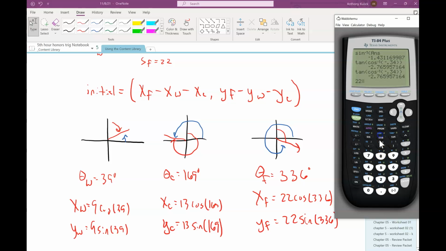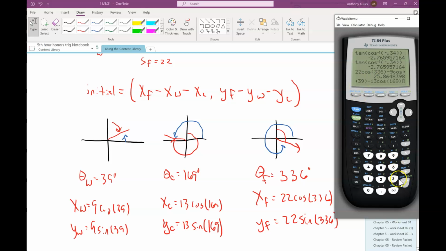So 22 cosine 336 minus 9 cosine 39 minus 13 cosine 169. Got to make sure we're in degree mode. Okay, we still are. So that's that.